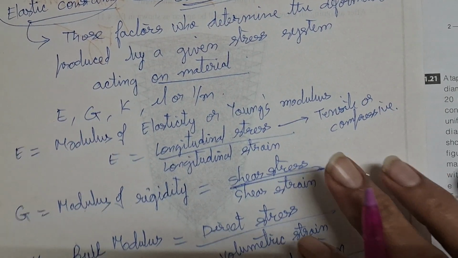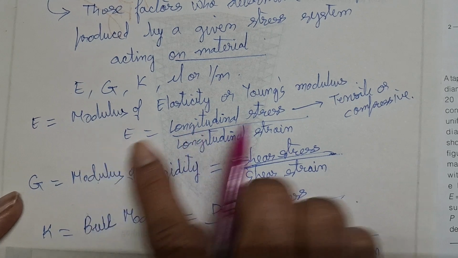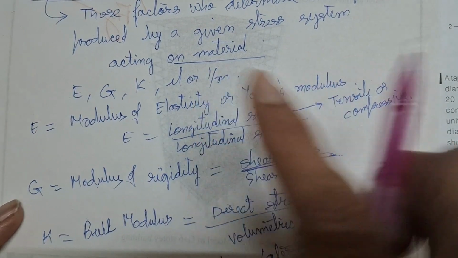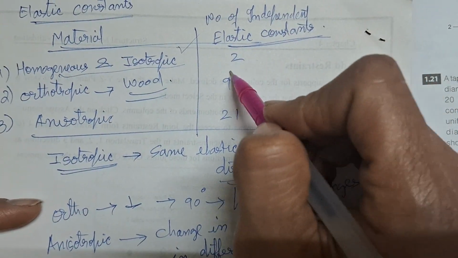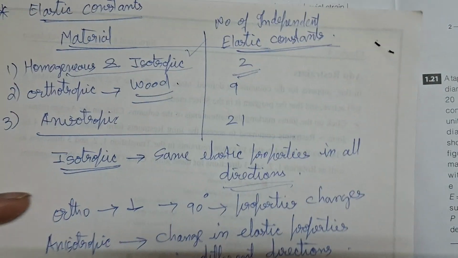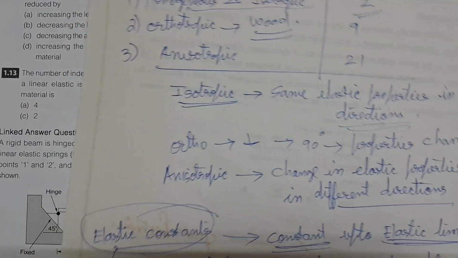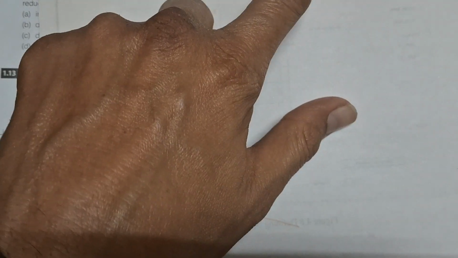So we have 4 different elastic constants. Then you will feel, why is the answer 2? I have told you that the number of independent elastic constants is 2.